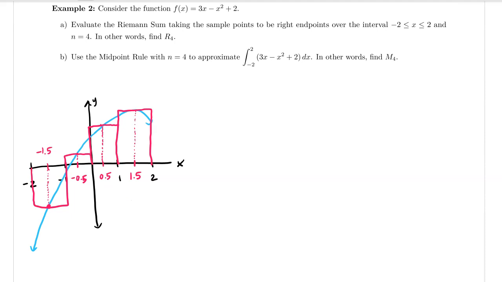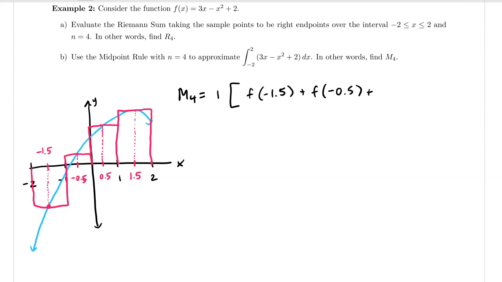Okay, so let's do the actual calculation for m sub 4. Still, we calculated earlier that delta x is 1, so I have 1 representing the width of each of these rectangles. And then I want to figure out the heights. So I have f of -1.5 plus f of -0.5.